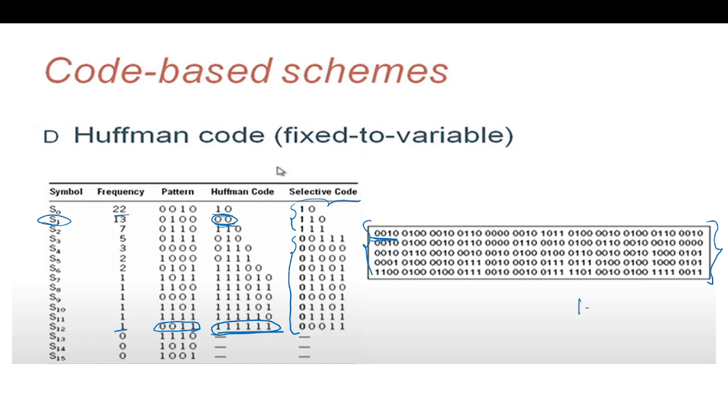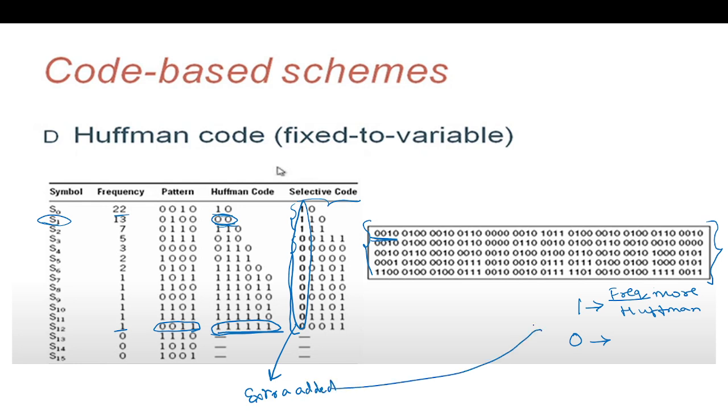So we have one where the frequency of occurrence is more, and we have performed the Huffman coding. And we add one extra bit for this. If it is 0, we are just giving the same actual pattern. It's the actual pattern. We are not performing any Huffman coding.